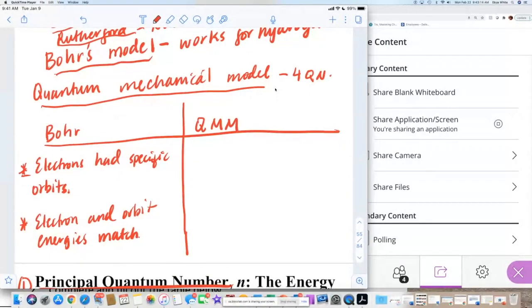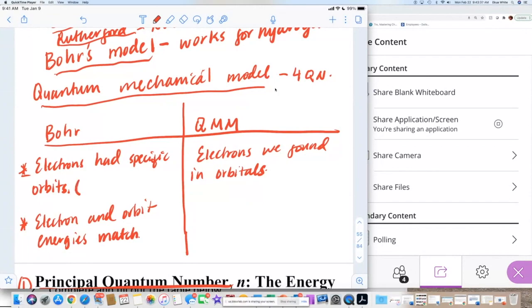In the quantum mechanical model, we're told here that the electrons were found in orbitals. Okay, so the orbital is a little bigger than the orbit.